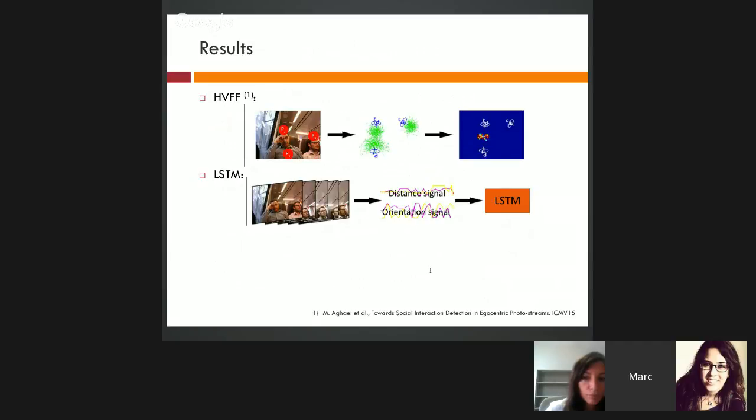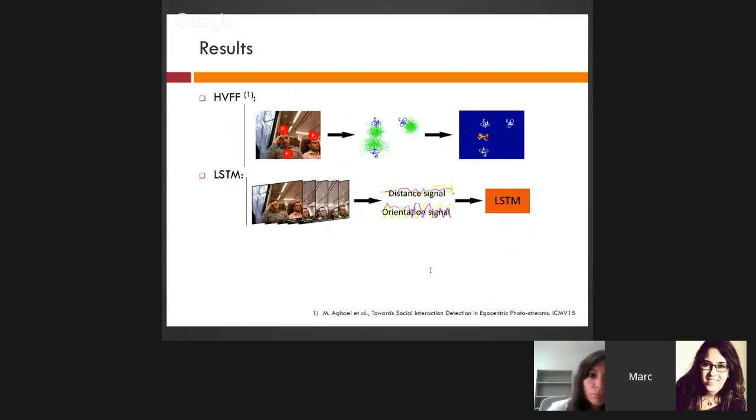So the only work that we could compare our work with was our previously introduced work, which we called HBFF. It's a frame-based work, and in each frame it decides if there is a social interaction or not, and finally it decides if there is social interaction or not for the whole sequence.